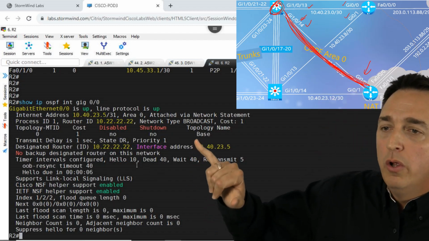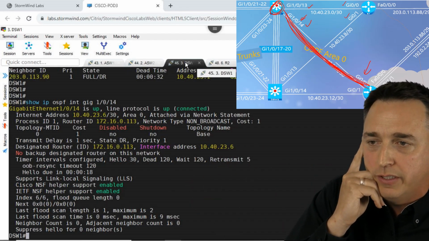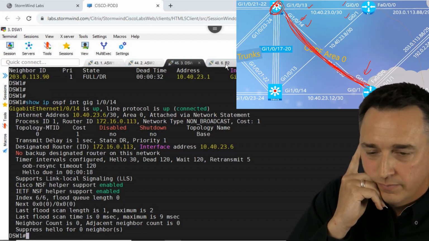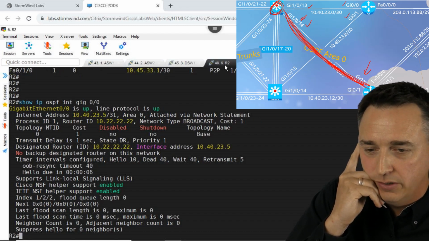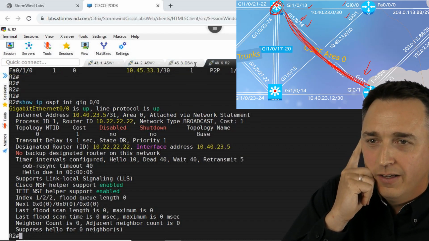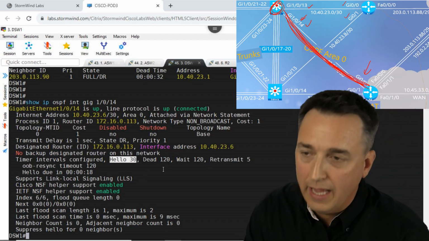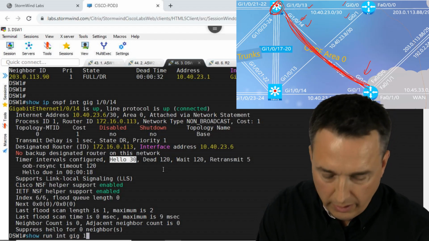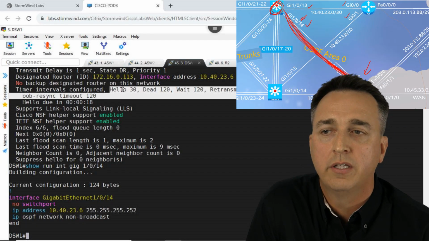All right, so what do you guys see in regards to the difference between R2 and DSW1 now? What do you see? Anything stand out to you? Good. Excellent. All right, so someone says the timer is off again. Right. So if we type in, for example, show run interface gigabit Ethernet 1/0/14, you'll see that there's nothing here in regards to the timer.